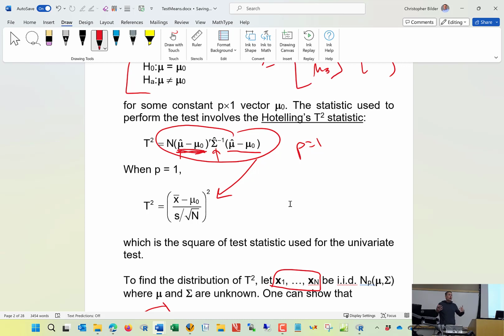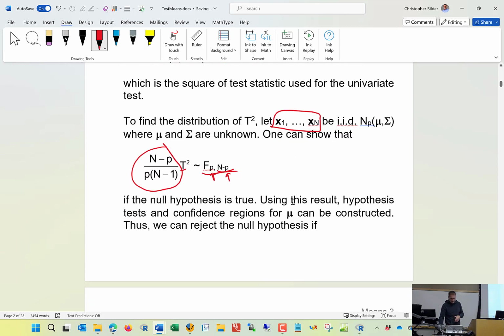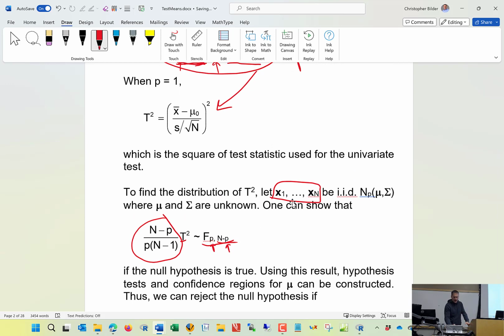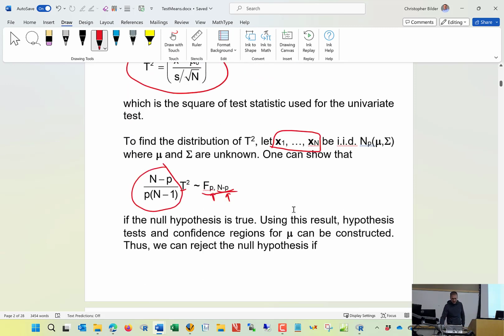And so only large squared distances will end up having large test statistic values indicating evidence against the null hypothesis, and that's why it's a right-tailed test relative to the F distribution. If that's confusing, you can think of the particular case where p is equal to 1. Think about what a squared t test statistic value would give you, that only large values can indicate evidence against the null hypothesis.